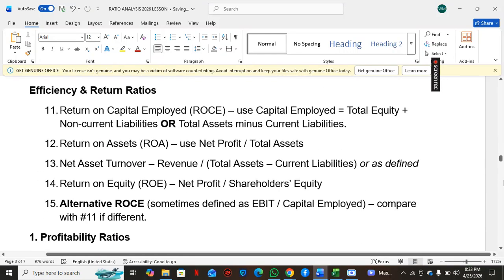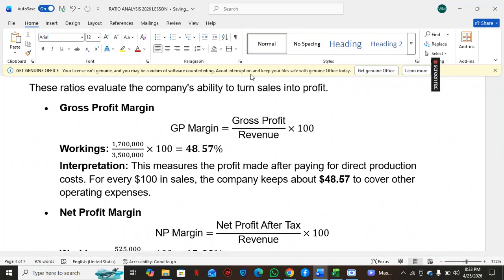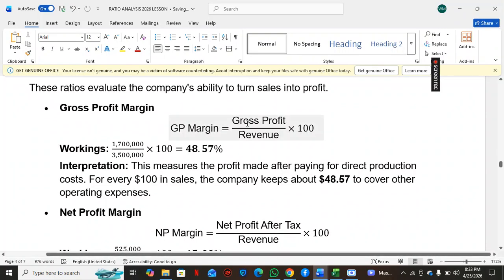So the formula is this one: gross profit margin is the gross profit over the sales revenue multiplied by 100.